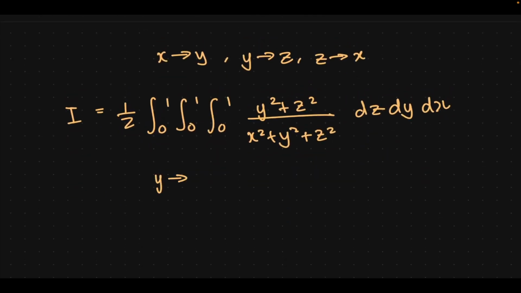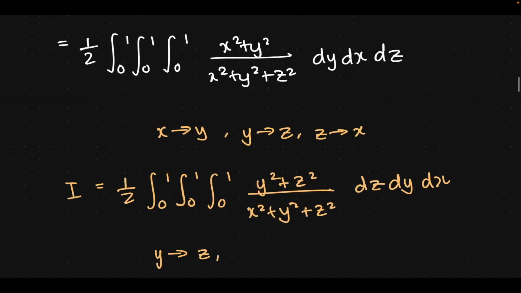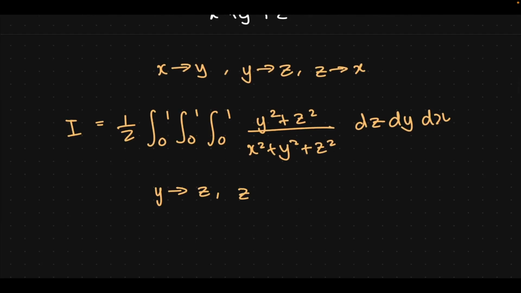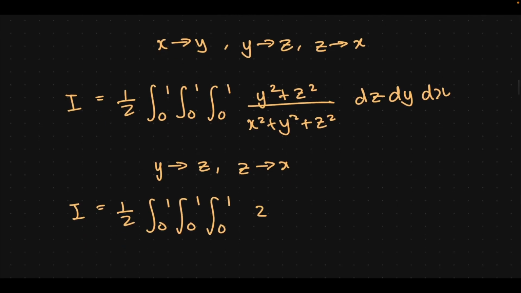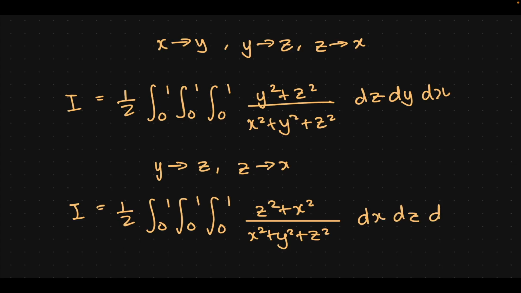So y goes to z, z goes to x. So I is 1/2, 0 to 1, 0 to 1, 0 to 1, 3 integrals on this unit cube, z squared plus x squared over the invariant denominator x squared plus y squared plus z squared dx dz, and this will be a dy.